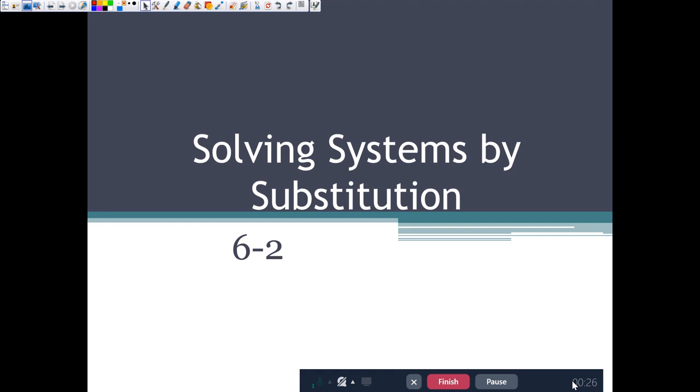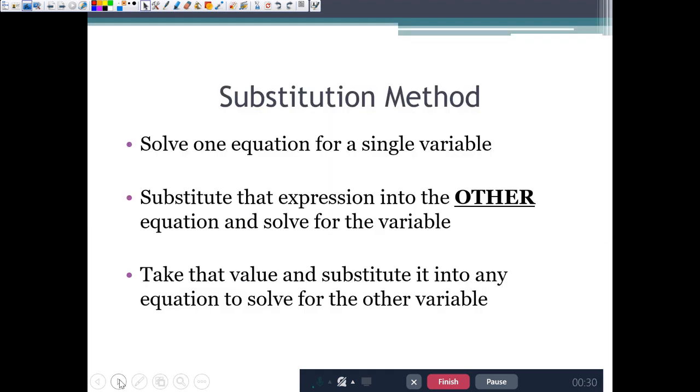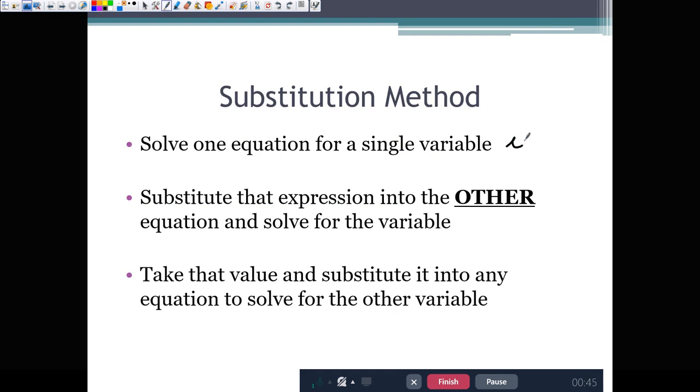So, our steps for solving a system of equations by substitution, or the substitution method, is we solve one equation for a single variable, so either x or y. Then we take that expression. For example, if we solve for y, it'd be like y equals 3x plus 4.